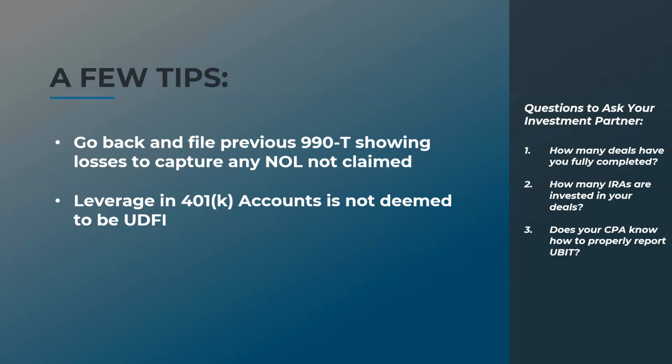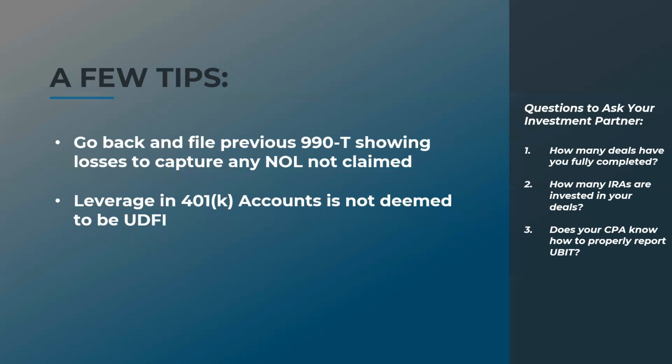They'll know that this is not a situation, and then it's just a different conversation. You have to kind of look at your return and make sure it still makes sense. And then finally, does your CPA know how to, and do they properly report any unrelated business income tax? Again, primarily we're talking about that unrelated debt finance income. I need to know I'm going to get a K-1 that's going to have the proper disclosures and that are going to help.